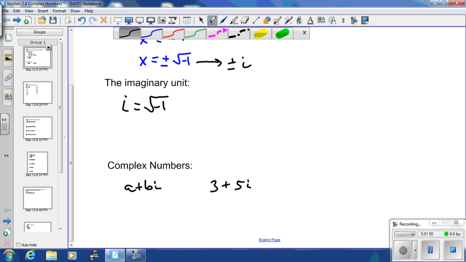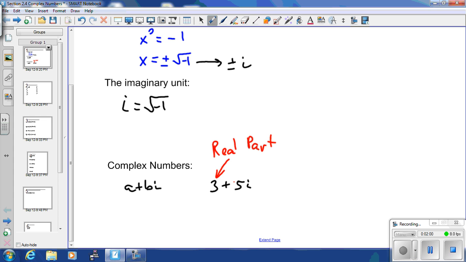It has a real part, which is this guy here, and it also has an imaginary part, which is going to be this part. And so that's what a complex number is.